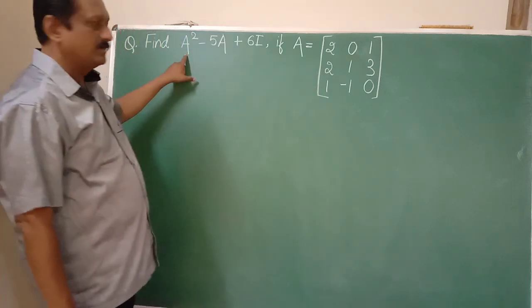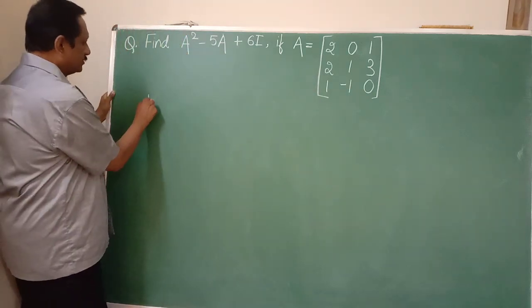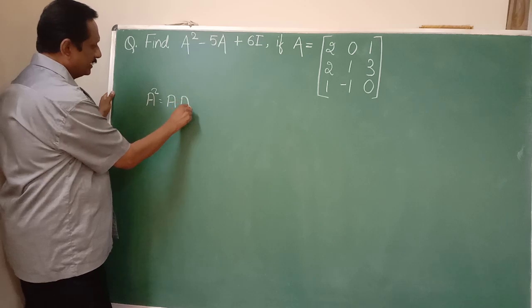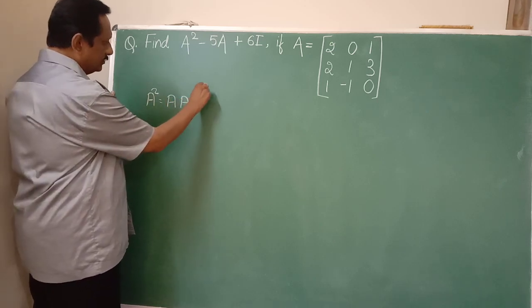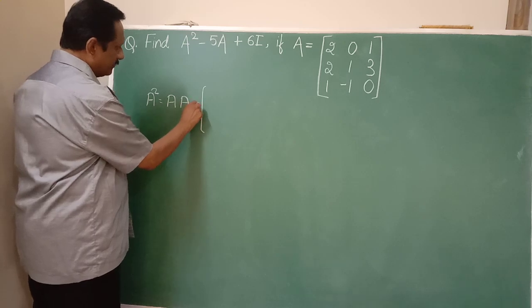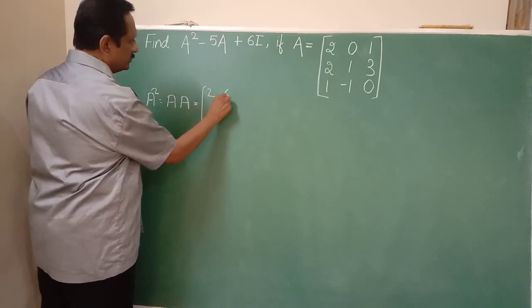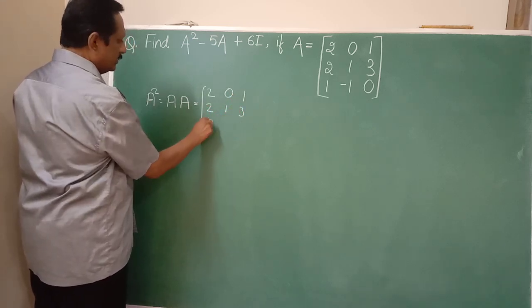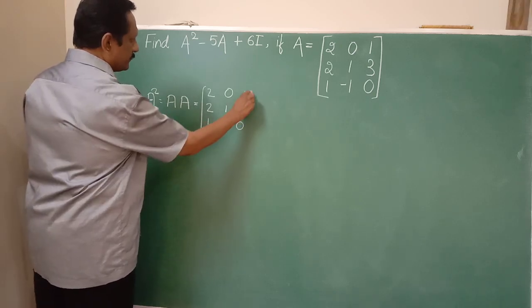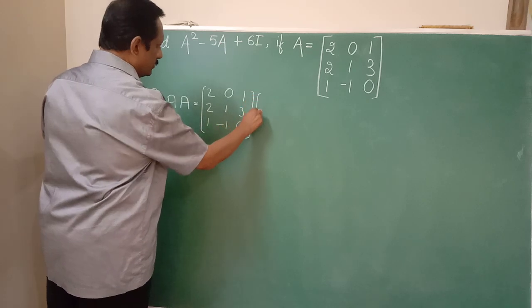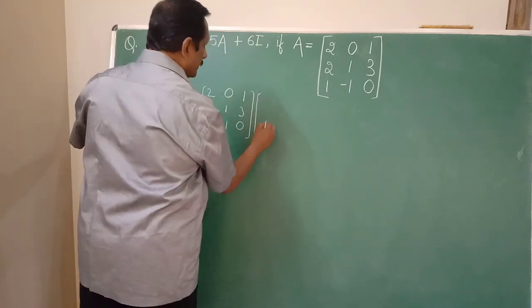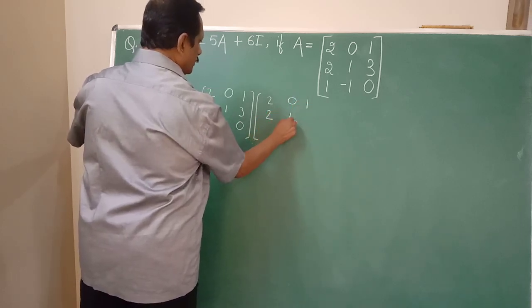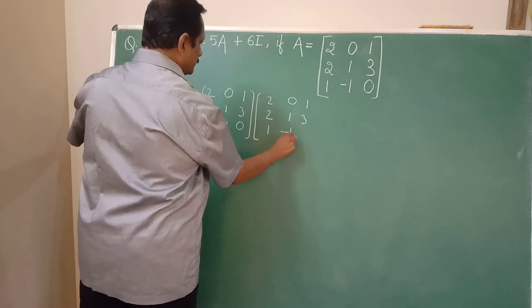But to find this A square here, A square means matrix A into A. Therefore, this is equal to matrix A, the given matrix, 2 0 1, 2 1 3, 1 minus 1 0, into again the same matrix here: 2 0 1, 2 1 3, 1 minus 1 0.